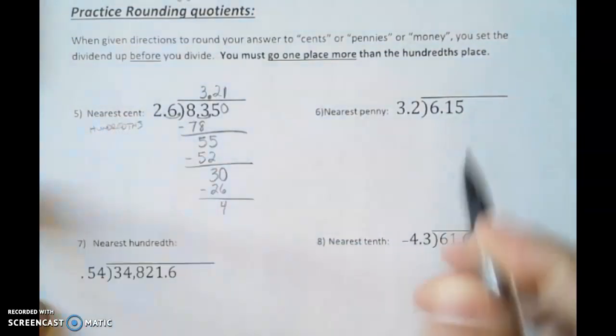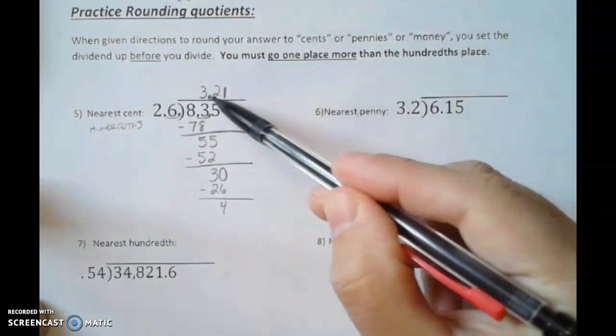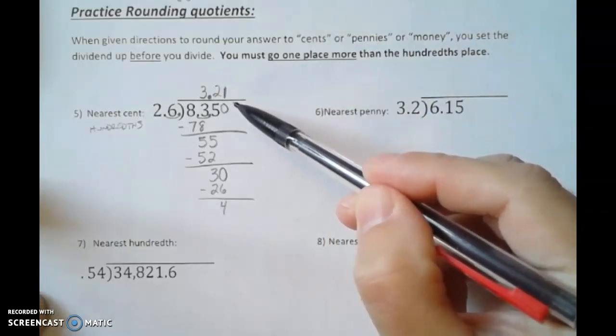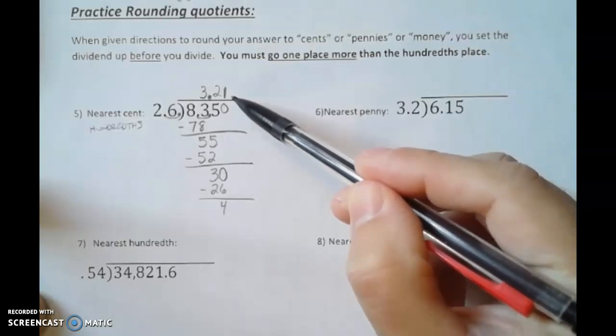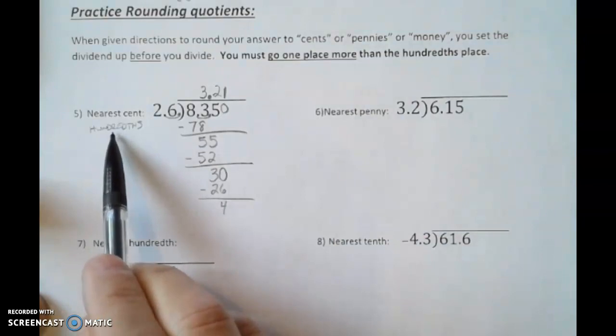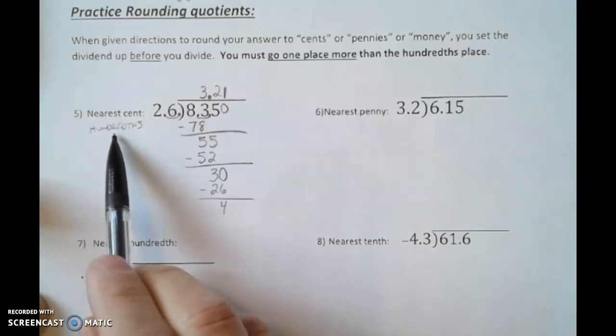And so I look at my work right now and I can see I've got 3 and 21 hundredths. But I'm not sure if I'm going to have to round up my answer or round down my answer because I haven't looked at what the thousandths place is. If they ever want you to round it to the nearest hundredth, you need to know what the next place value, the thousandths place, is going to be to help you figure out if you're rounding up or down.